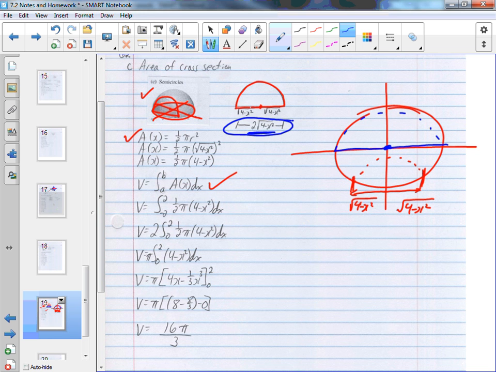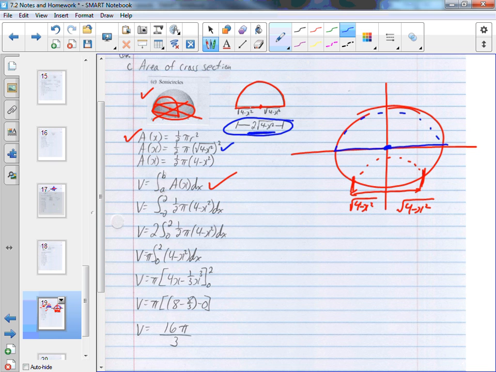Well, that would be the diameter of the semicircle, since the semicircle stretches from one graph to the other. And if that's the diameter, the radius is half of it. So two ways, I hope one of them makes sense, to know that the radius is the square root of 4 minus x squared. Y'all with me on that? Because if you are, we got it beat.